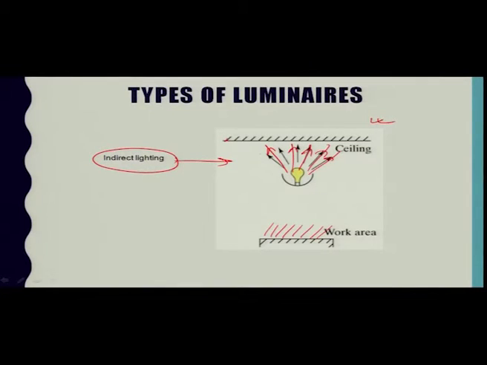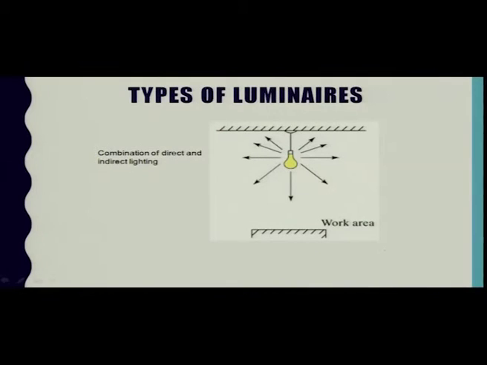So this is an example of indirect lighting, and this one is a combination of direct and indirect lighting, where the fixture is at some distance and illuminating the working area.